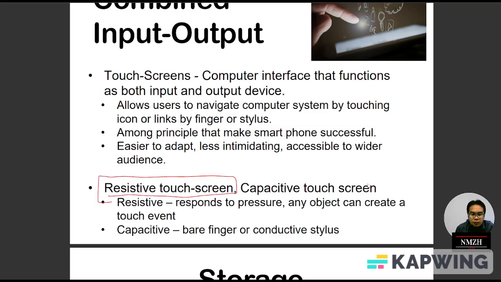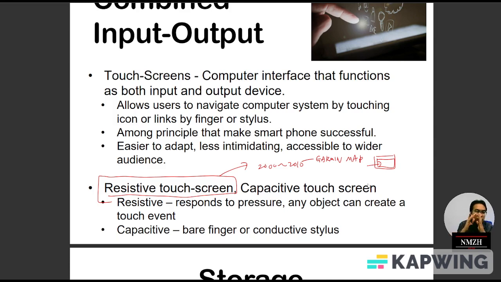If you notice, previously in 2000 to 2010, I used a Garmin map device, and there was a screen. That screen is basically resistive, meaning you need to press it, not capacitive.